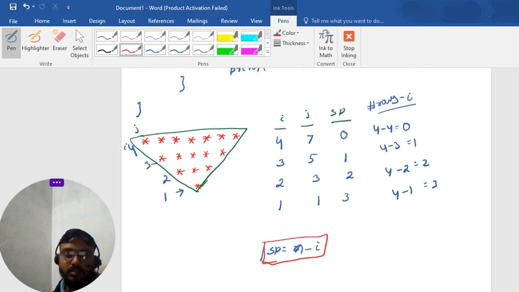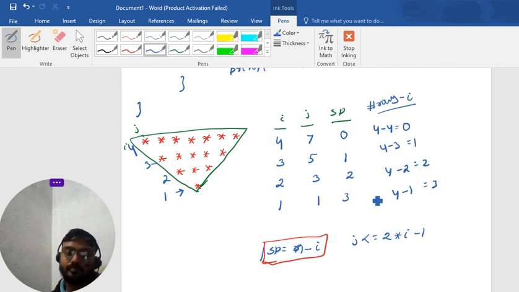Then I have to find out the J. J will be 2 into I minus 1.